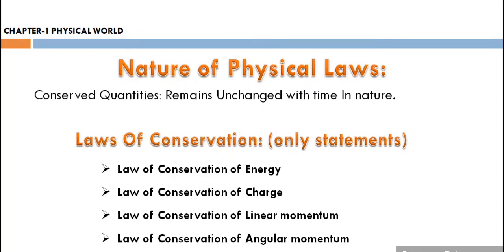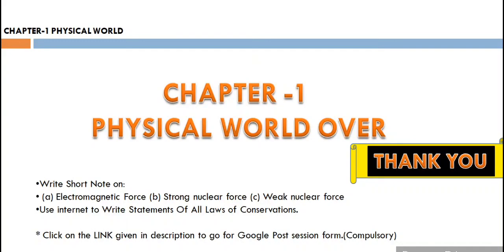So that is how I declare this chapter as over. Okay, this chapter is over. The only writing work will be the short note on these four, as I assume that the short note on gravitational force is already complete in your notebook. So you will continue with the second fundamental force, that is electromagnetic force.